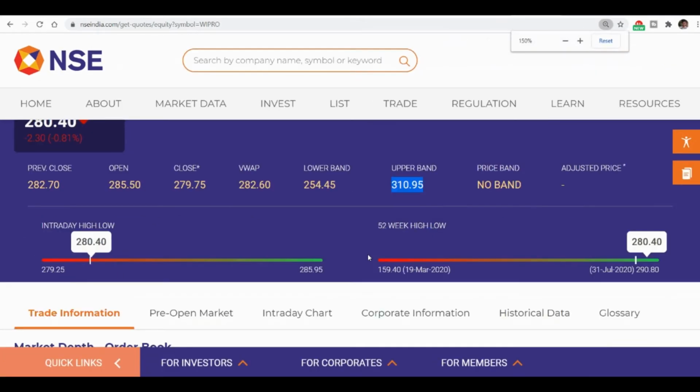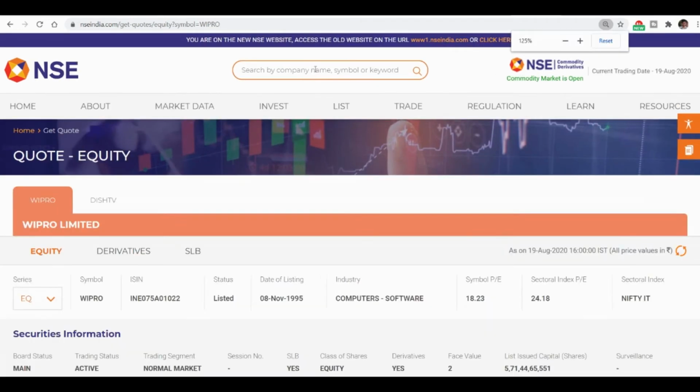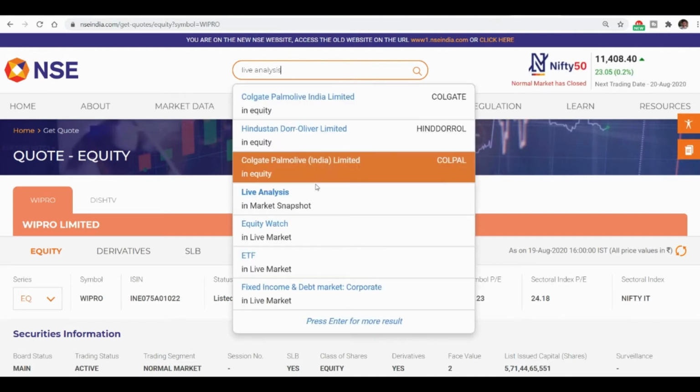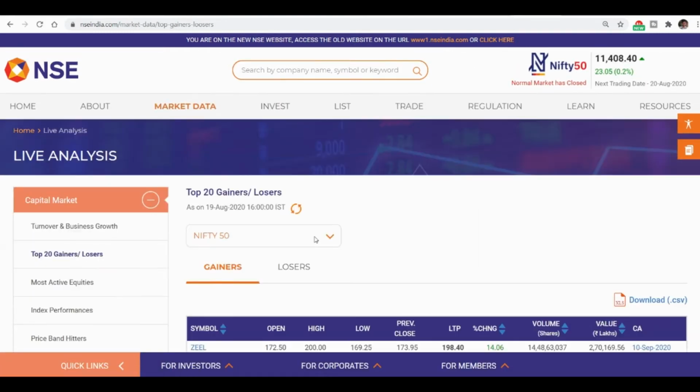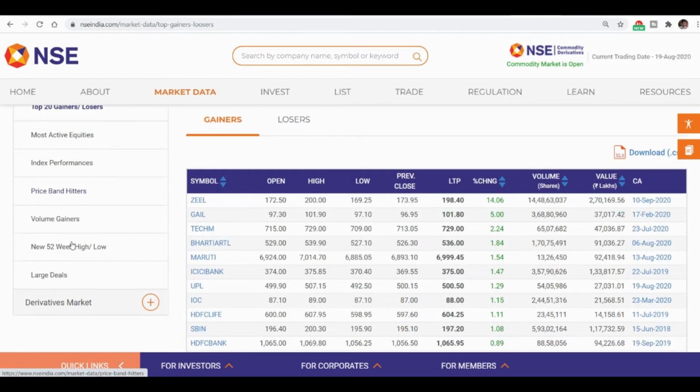Now we'll go and see which stocks have hit the upper and lower price bands. Just type live analysis. This information is only for intraday. You should not do this for the long term, because the stocks that hit the lower and upper circuit will have very less volume. On the left side, you have this price band hitters.